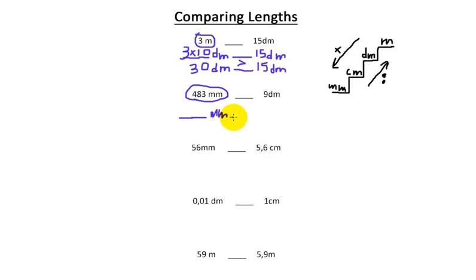Millimeters. Then the line of comparison. 9 decimeters. Oh, sorry. Why did I put millimeters? That was a mistake.